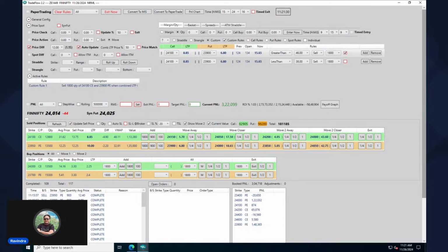I will again re-enter them later today because I ran out of capital. So I think in December I had 24,000, 23,500 PE, and then the 25,000 CE. I think that's what I remember.